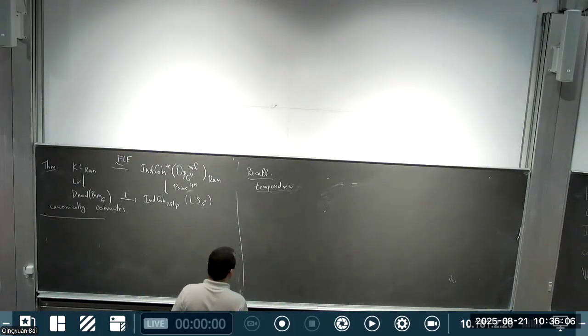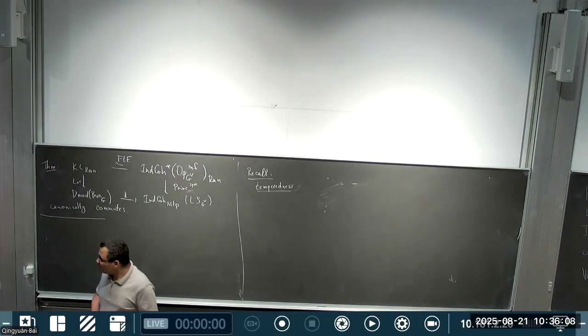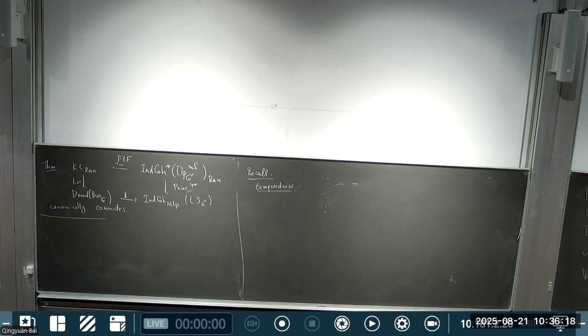Can you say a little more about why the outer square commutes? Yes, because all the functors in the top square are linear with respect to this. And the point is both this and this are co-free as modules.